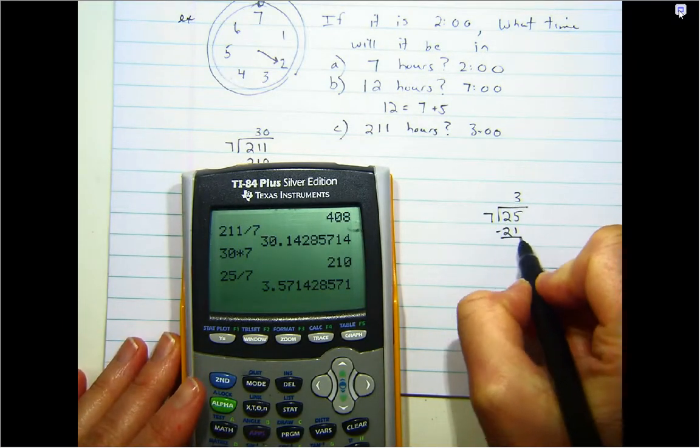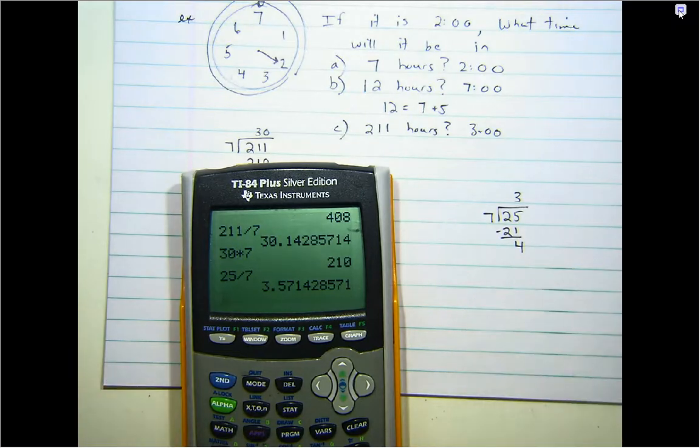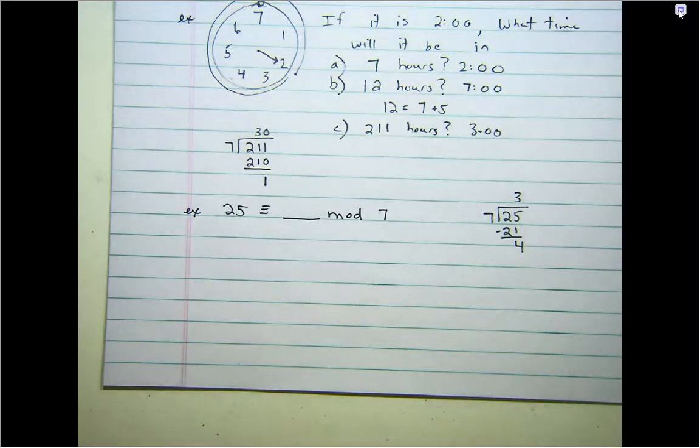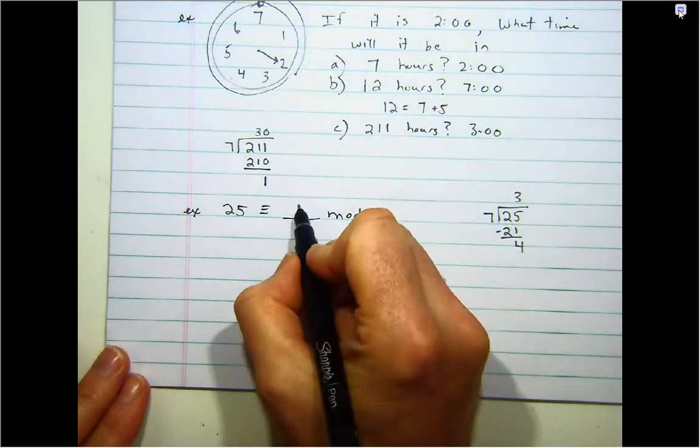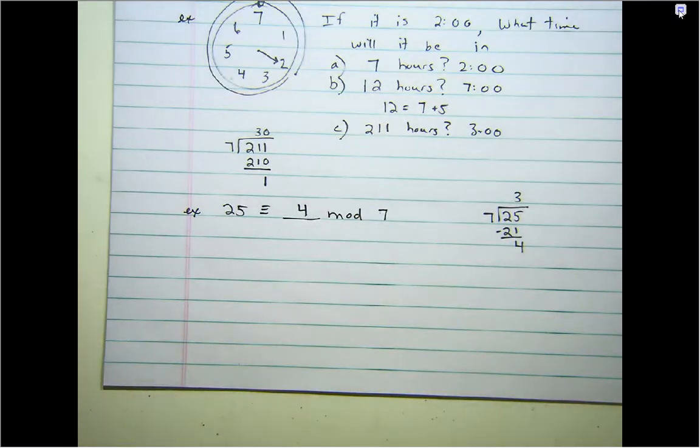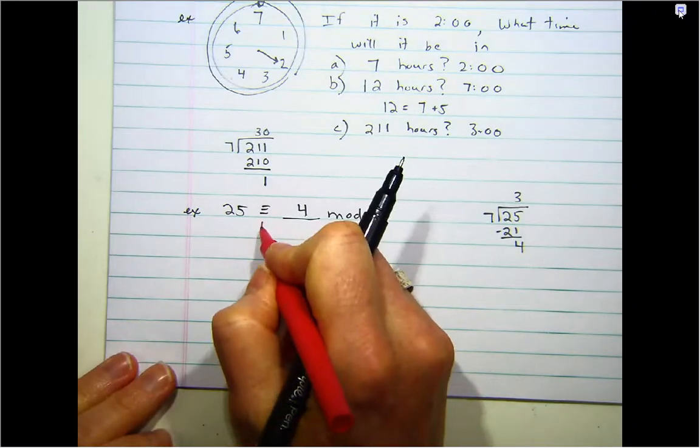So we're taking away 21 units when we take out 3 multiples of 7. 25 minus 21 is 4. So we're saying that 25 is equivalent to 4 when you're looking at modular 7, a mod 7 clock.